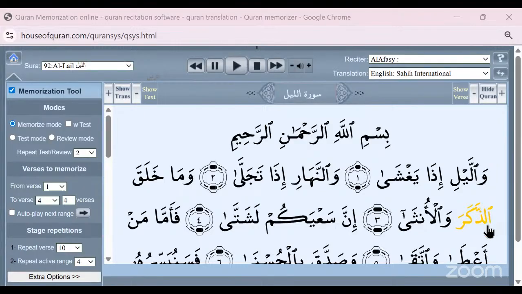So this one we say adhakaro. This one we say al-untha. We give the Laamut-Ta'areef sukun because it's followed by Hamza, which is a moon letter. In this one, we give the Laamut-Ta'areef nothing because it is followed by Dhal, which is a sun letter. And the sun letter gets shadda.